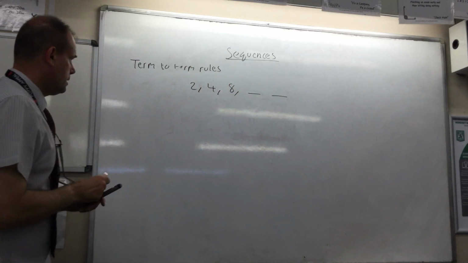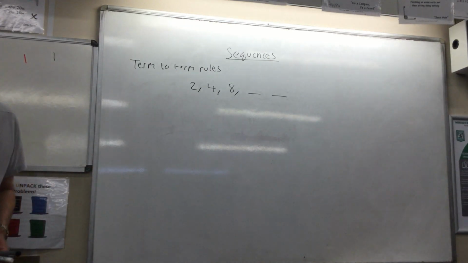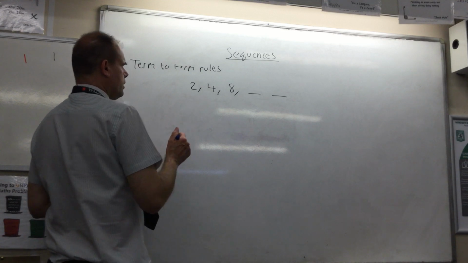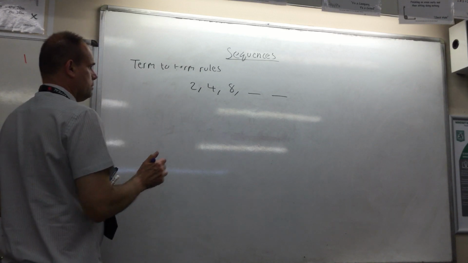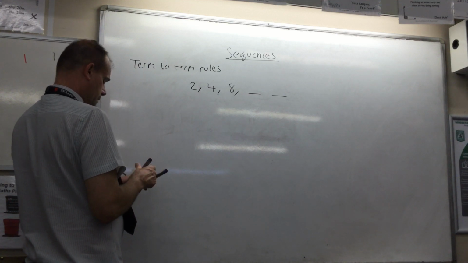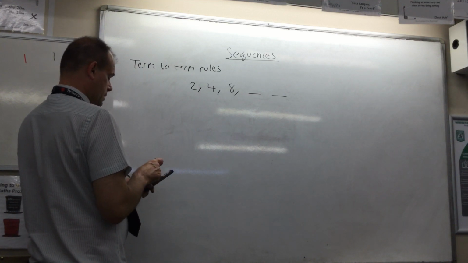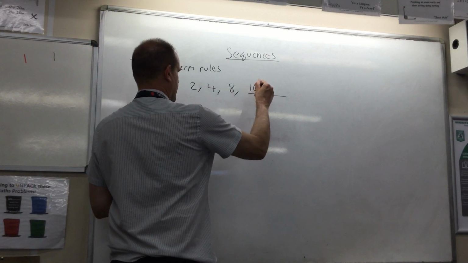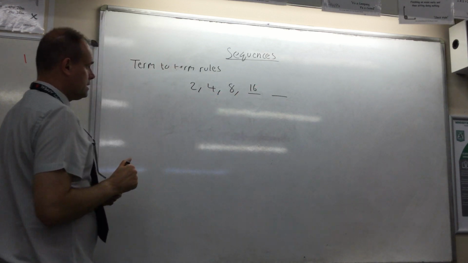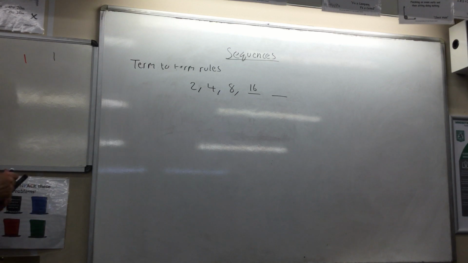Now they're going up, so you'd think it was an add rule, where you can think of add 2, add 4. But if I give you the next one here, does that fit that? So you've got add 2 there, add 4, add 8. You can see that the numbers are doubling up there.